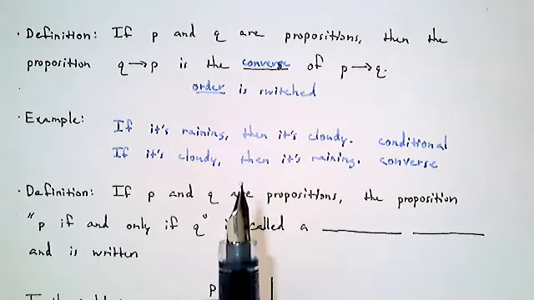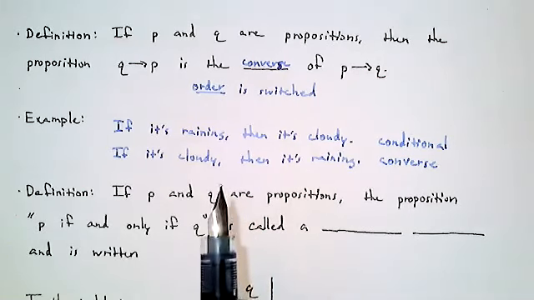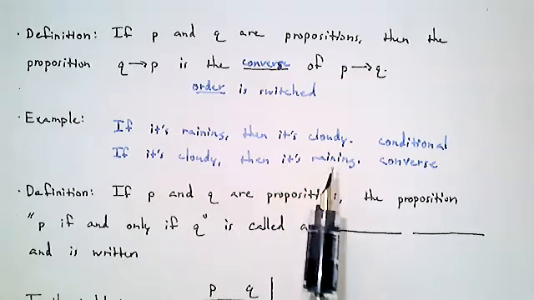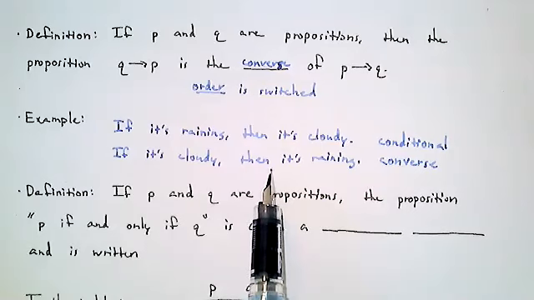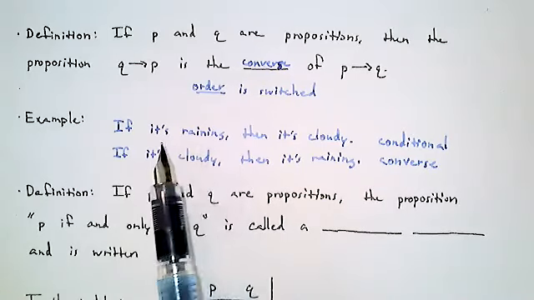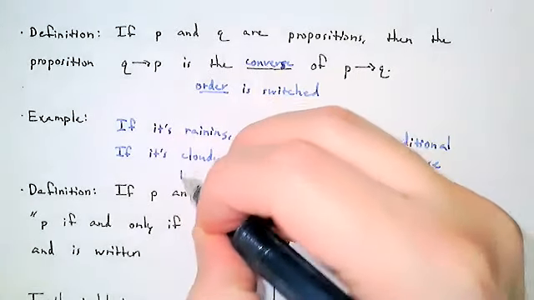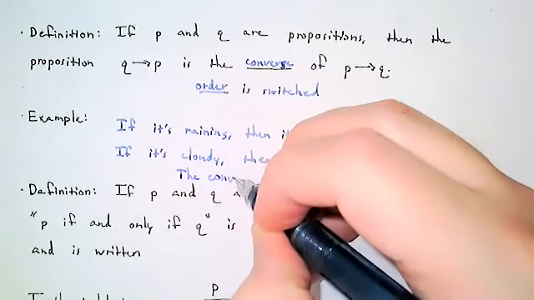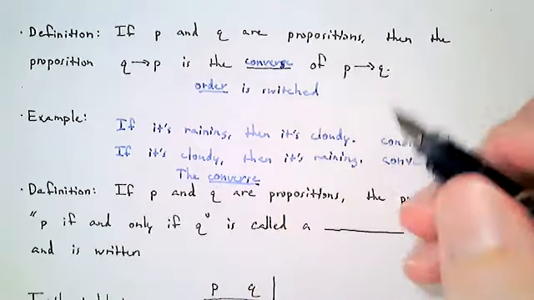Yeah, I can think of a few times of it just being cloudy. Right, exactly. So if you change the order of your conditional statement, if you look at the converse, it actually has a different meaning than the original statement. So make sure you keep that in mind. The order of your conditional statements matters.